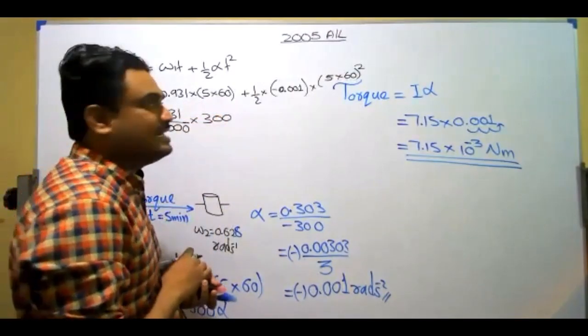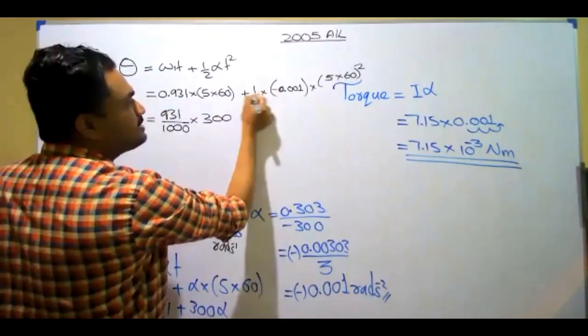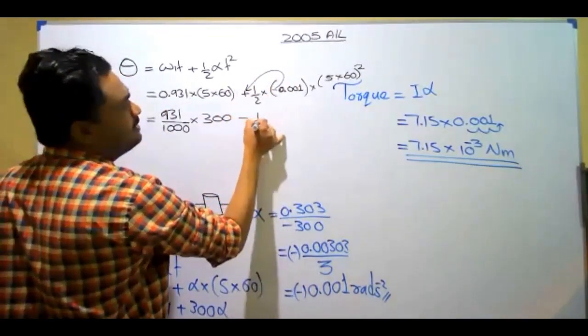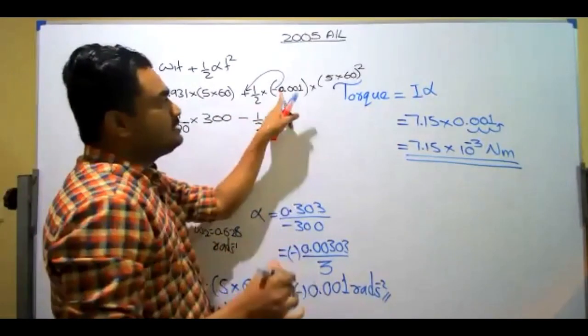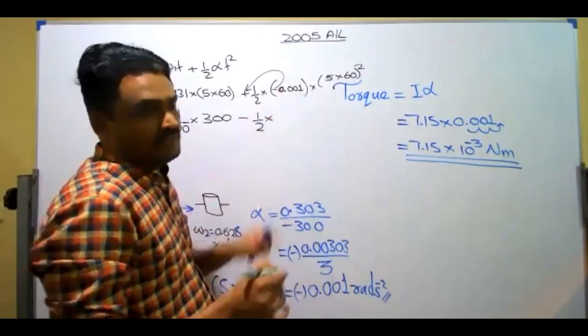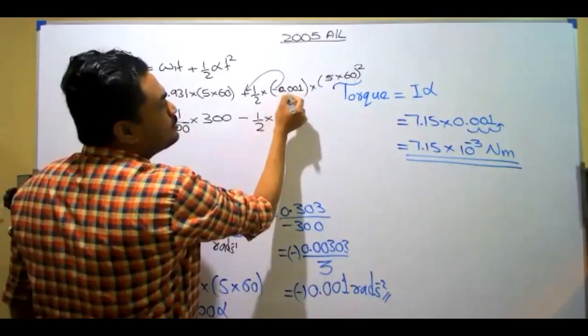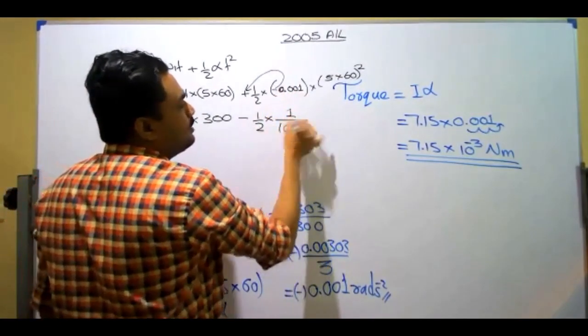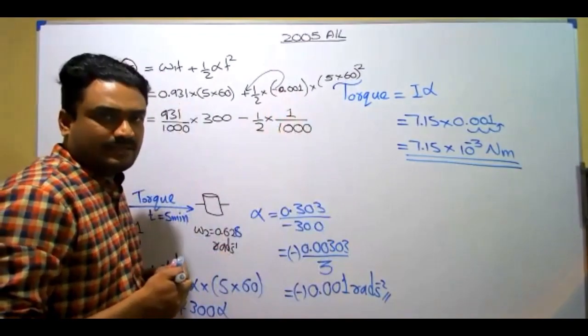The minus into positive will be minus half times 0.001. 0.001 can be written as 1 over 1000.